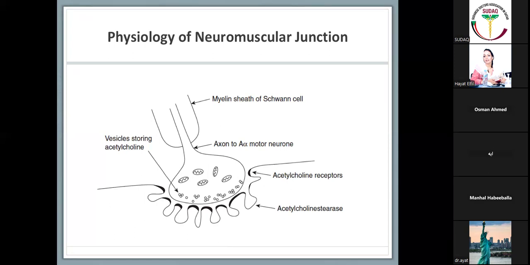Acetylcholine is the natural neurotransmitter at the neuromuscular junction. When it is formed, it is contained in small synaptic vesicles, and it is stored just presynaptically and ready to go. When the action potential triggers, the influx of calcium stimulates the release of acetylcholine.